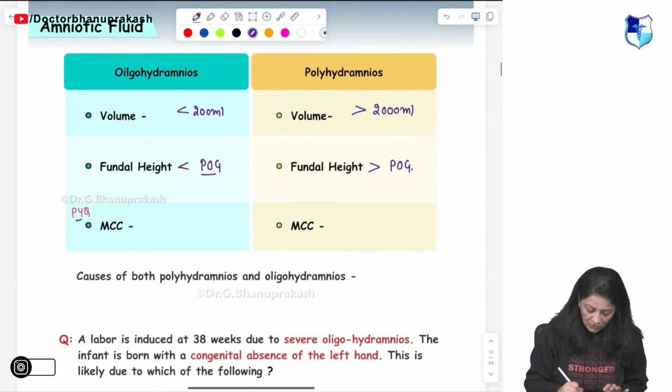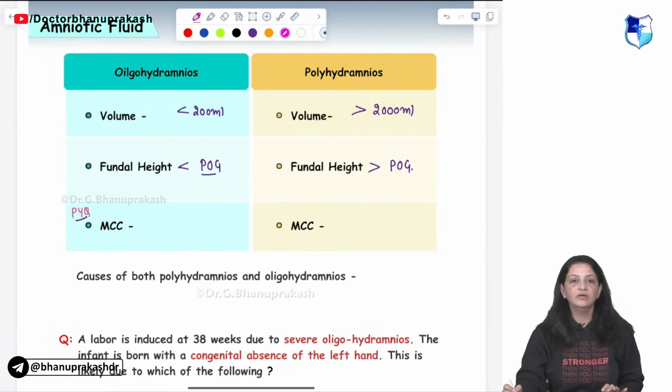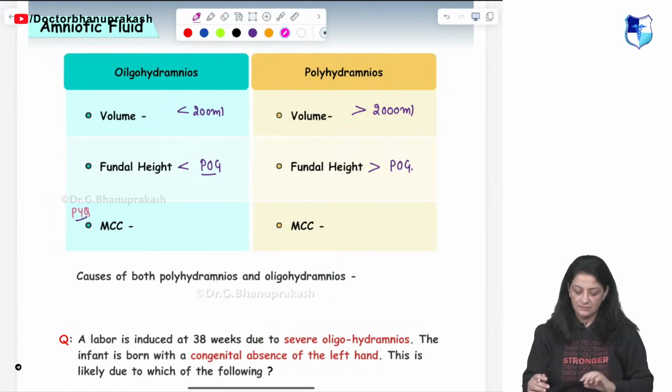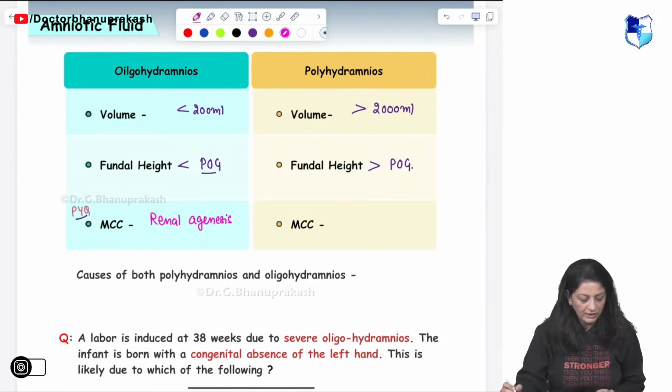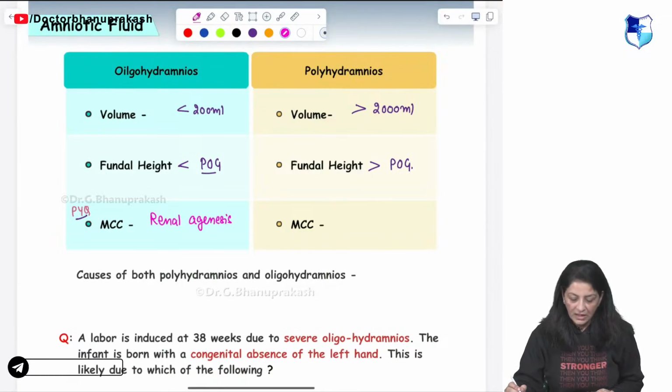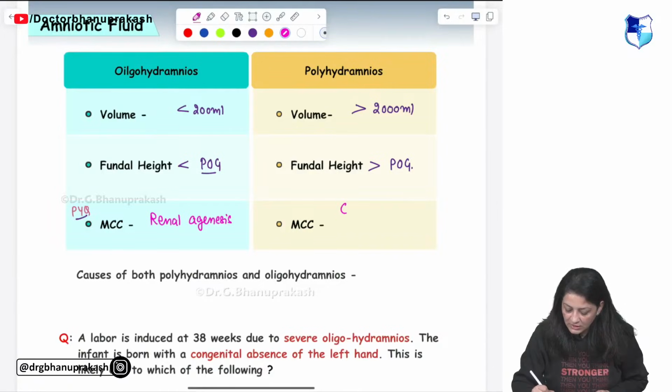So this is a PYQ. Most common cause of oligohydramnios: renal agenesis. What is the most common cause of polyhydramnios? Congenital GIT anomalies.